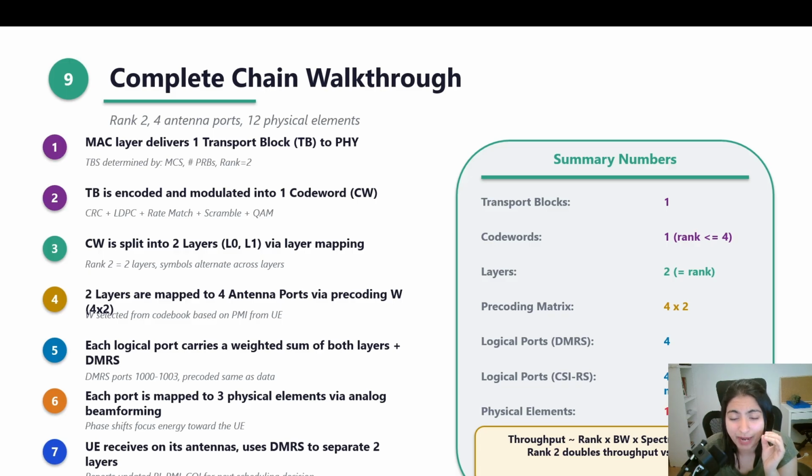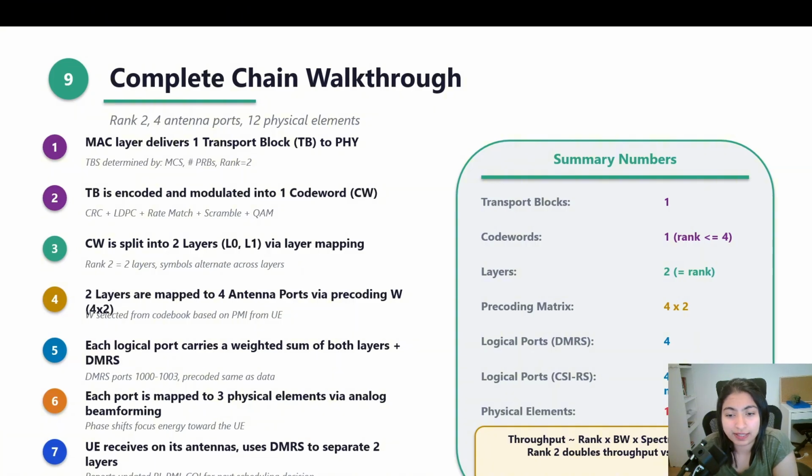This is mapped by the PHY layer to code words. The transport block undergoes CRC checks and then LDPC encoding and then rate matching and scrambling and modulation to generate the code word. This code word is again mapped to, or split into, layers. The number of layers in the transmission chain depends upon the rank of the channel.